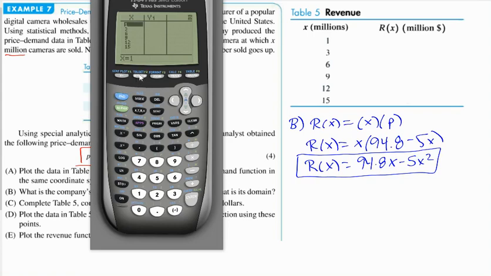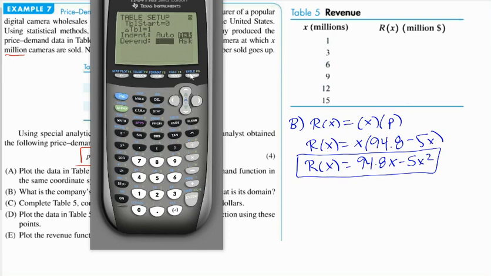and under table setup, we're going to start, well, the start's not that important. It's the independent we want set to ask. That means we will type in which x values we want, but the dependent we want set to auto. That means it will use the equation for r of x that we just put into the y of the calculator to calculate the output values.